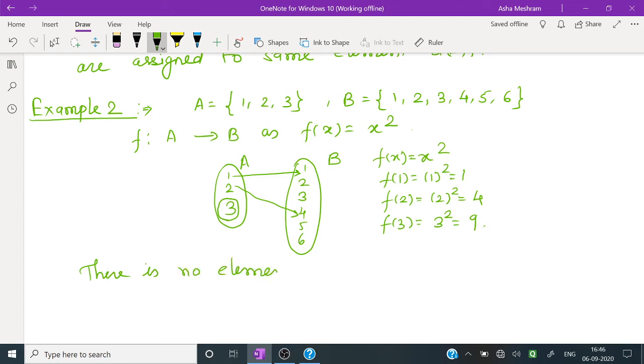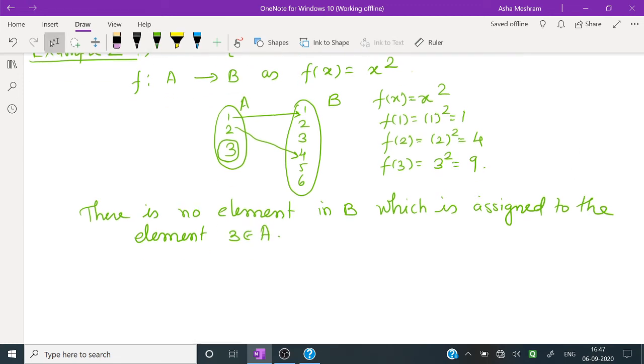So there is no element in B which is the image of, yes, there is no element in B assigned to the element 3 belongs to A. So this f is also not a function, not a function.